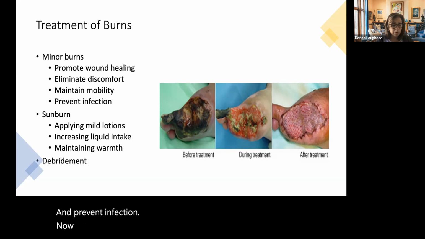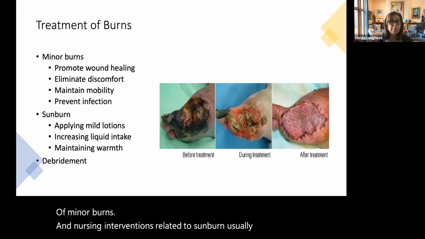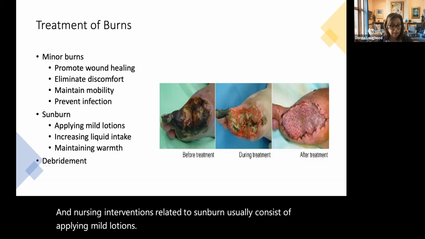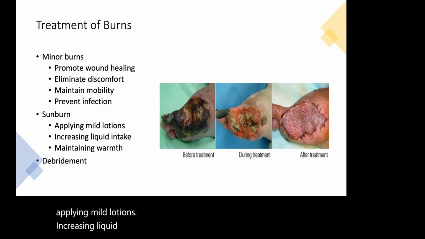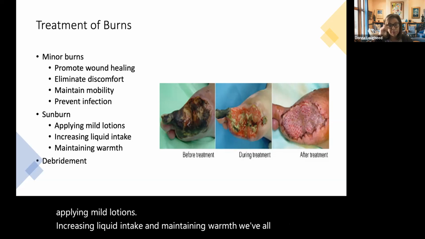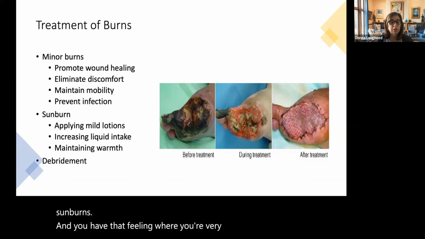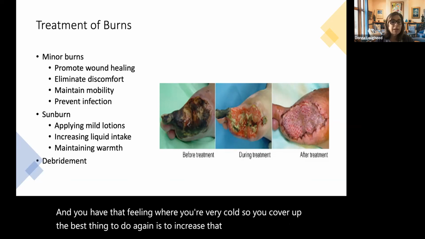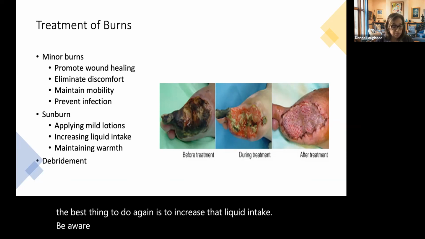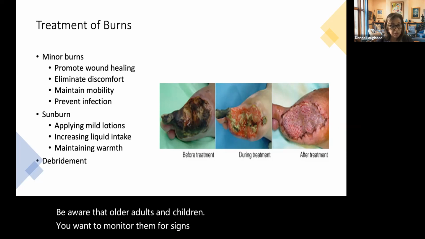Sunburn is one of the most common types of minor burns, and nursing interventions usually consist of applying mild lotions, increasing liquid intake, and maintaining warmth. We've all had sunburns, and you have that feeling where you're very cold, so you cover up. The best thing to do, again, is to increase liquid intake. Be aware that with older adults and children, you want to monitor them for signs and symptoms of dehydration.